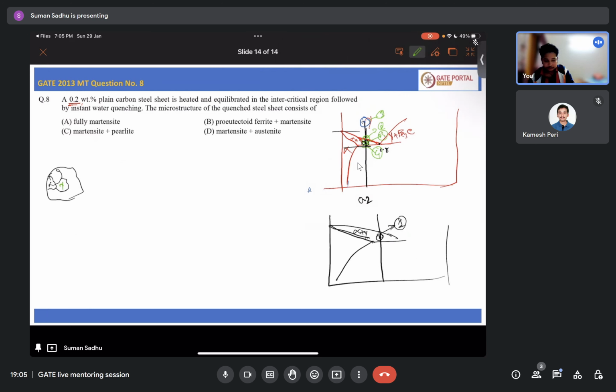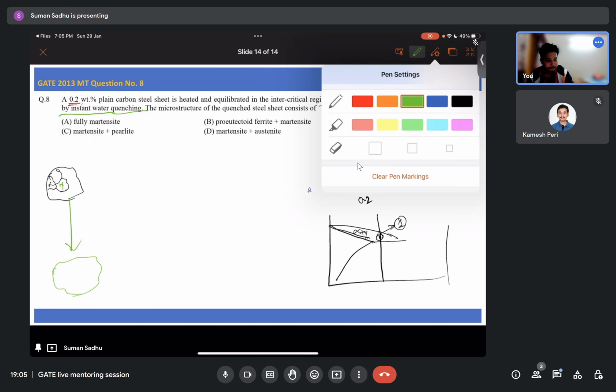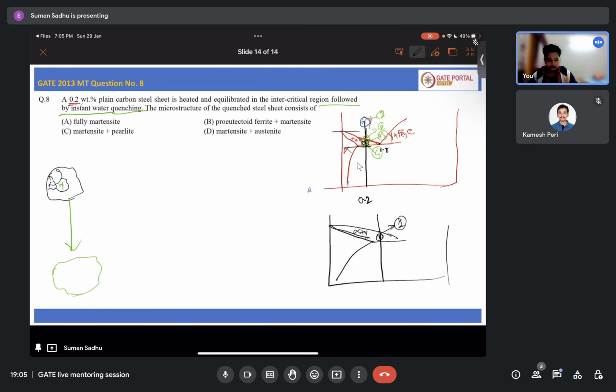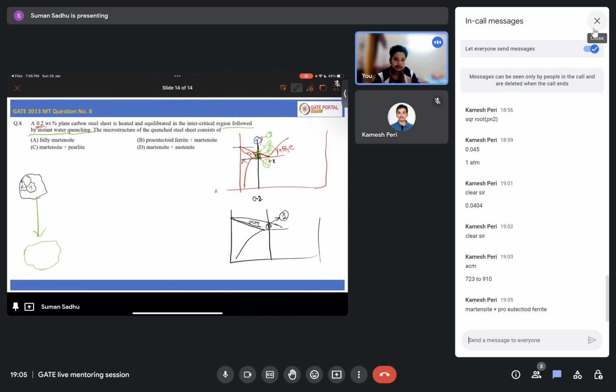Now it is mentioned that after heating, it is followed by an instant water quenching. Now this is a sudden water quench. What will be your microstructure? Can you tell me? Yes, exactly.